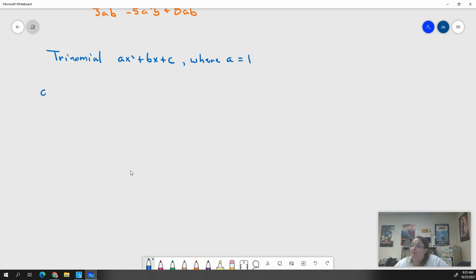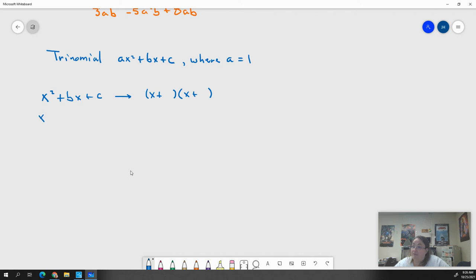If I have ax squared plus, you know what, let's not even write it that way. Let's write it as x squared plus bx plus c, because we want our a to be 1, so we wouldn't write it. I know that my factors are both going to be positive. I'm going to wind up with an x plus something times an x plus something else.